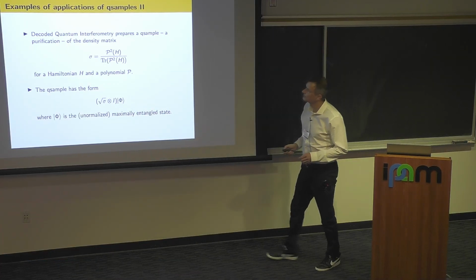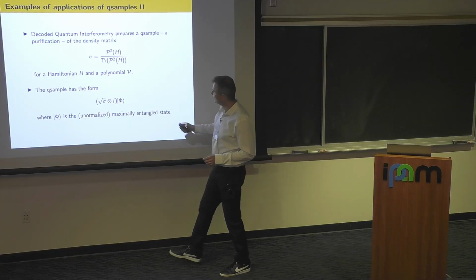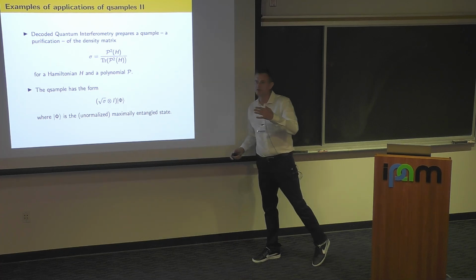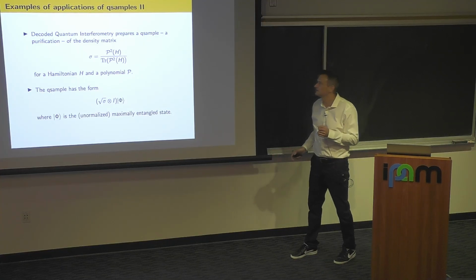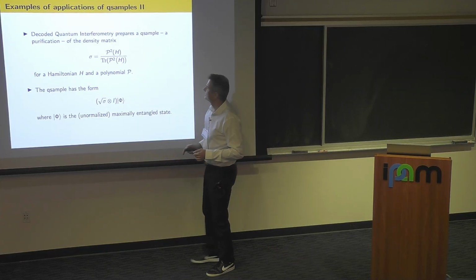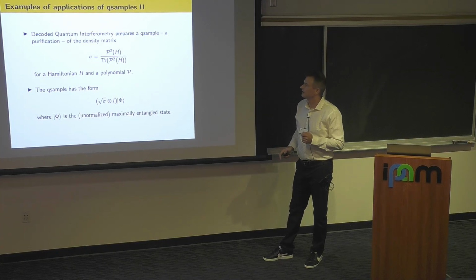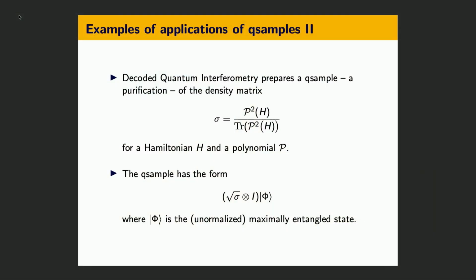The idea in decoded quantum interferometry is that you have some Hamiltonian, and you would like to prepare some high energy state, because like every optimization problem, you can switch between minimization and maximization. Here this is a polynomial, and if the polynomial has a sufficiently large degree, then this density matrix will favor high energy states.